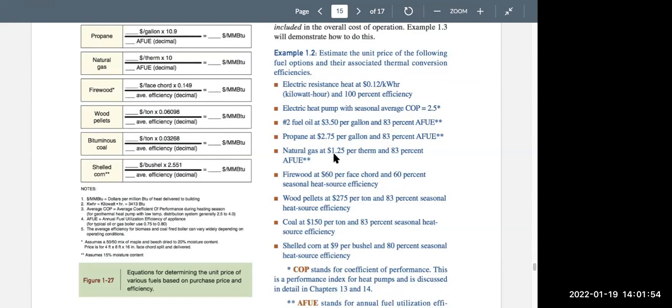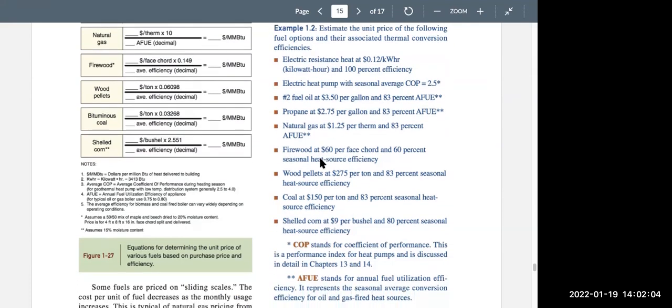Natural gas: now notice your efficiency rating is going to stay pretty much the same. And firewood. Now firewood's a little bit different. It has a 60% seasonal heat source efficiency number that you've got to go along with that, because so much of your heat is lost up your chimney with firewood.